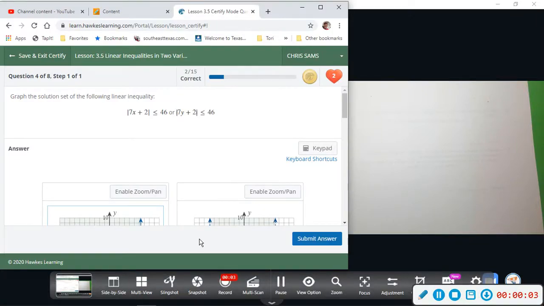All right, number 4. This one we have a system of inequalities with absolute values. In this problem, we can save ourselves a little work. If you notice, the 7x plus 2 is exactly the same as the 7y plus 2 as far as the numbers, and the inequality sign, less than or equal to 46, same thing.